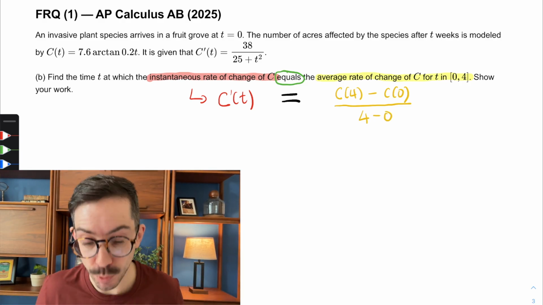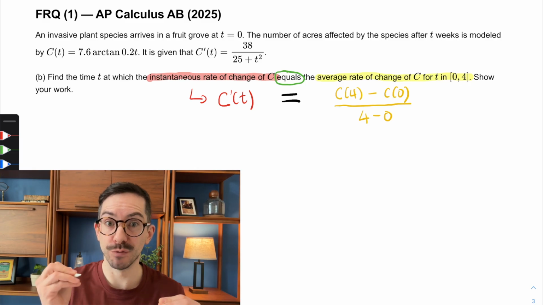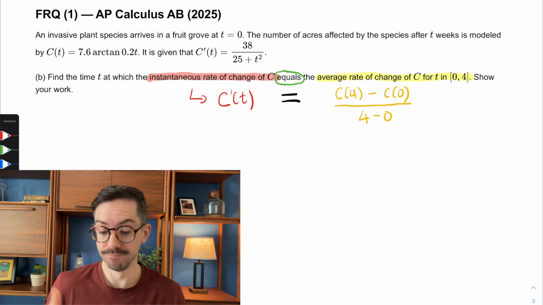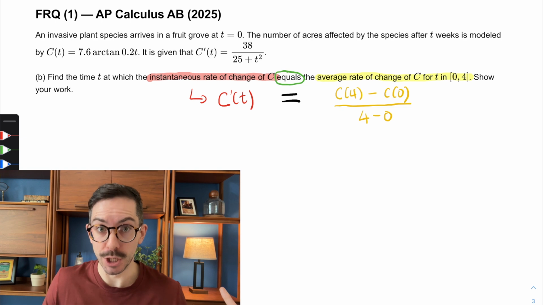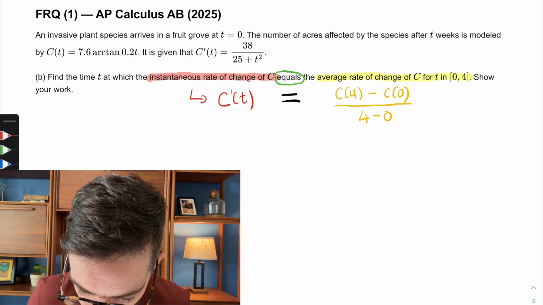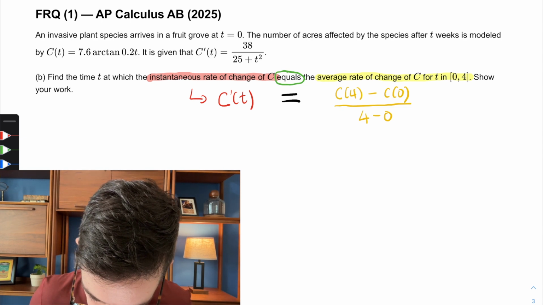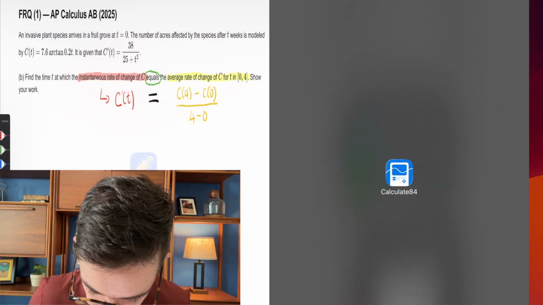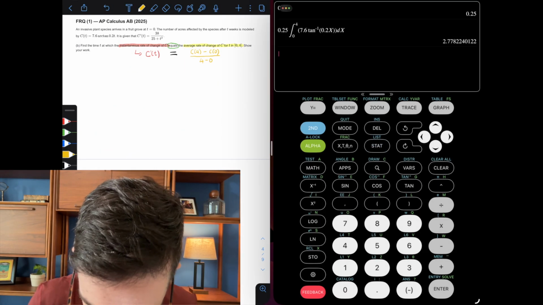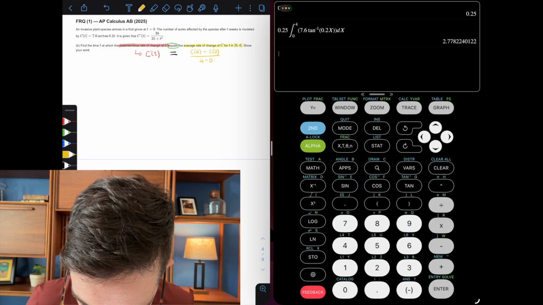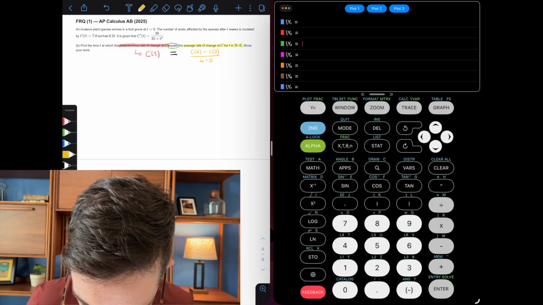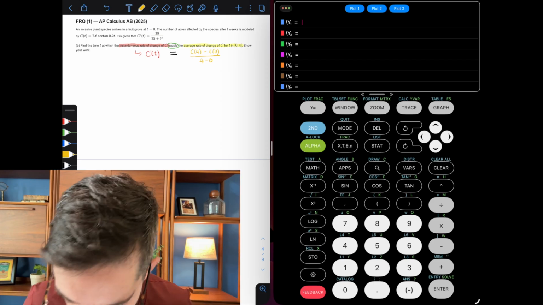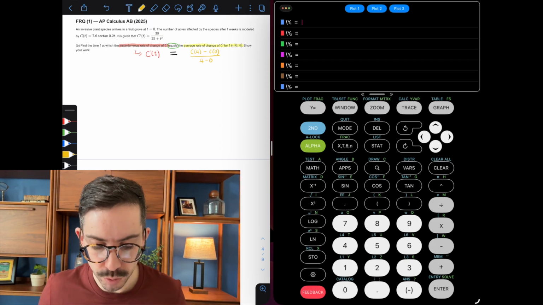That is what we end up with as our average rate of change formula. This is the equation. Let's type it into our calculator. Okay, so I can go to y equals and enter these two expressions.